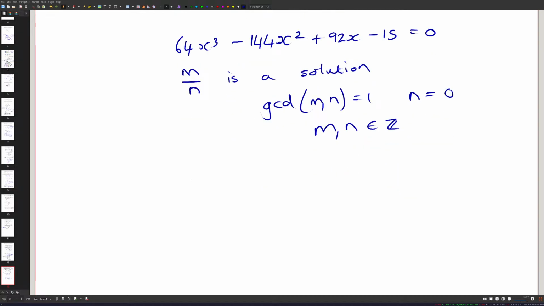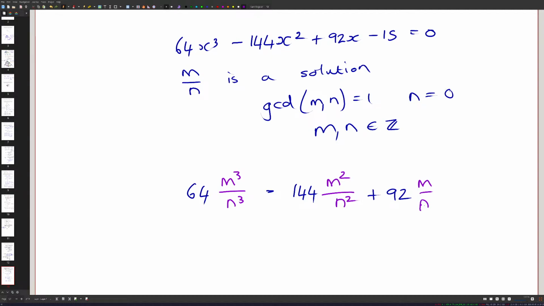So now just substitute this in, and you're going to have 64 times m cubed over n cubed, minus 144 times m squared over n squared, plus 92 m over n, minus 15 equals 0.